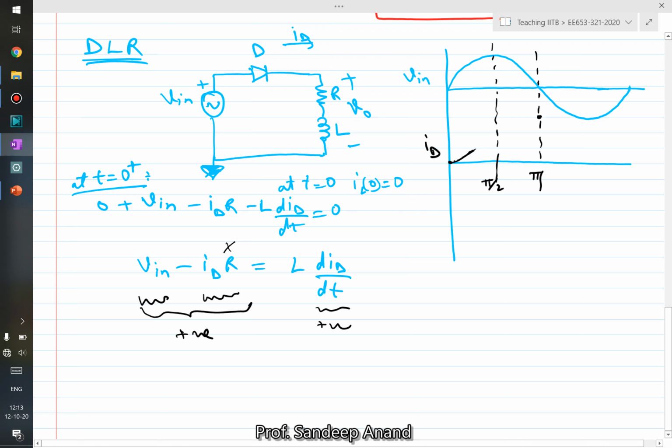But here what happens is, as your V in is increasing, your current is also increasing, and especially after pi by 2, if you see, your V in is now reducing, your current is still increasing. So at one point these two terms, V in and I into R, becomes equal, right? What is that instant? That instant would depend on the value of R, right?